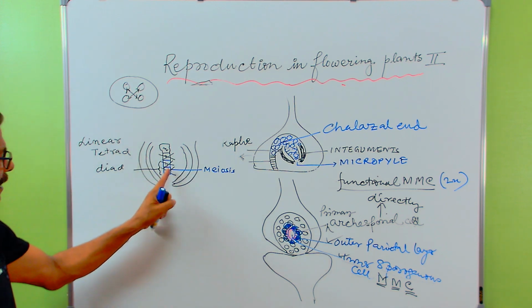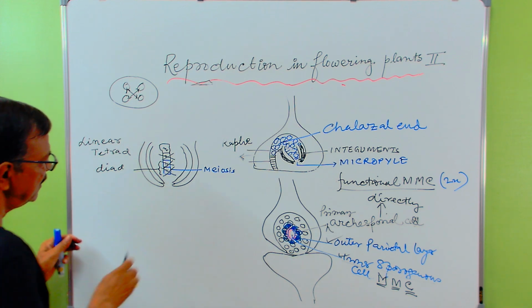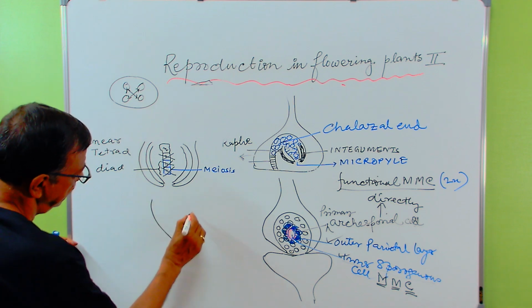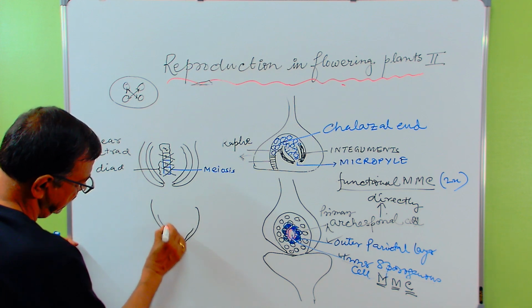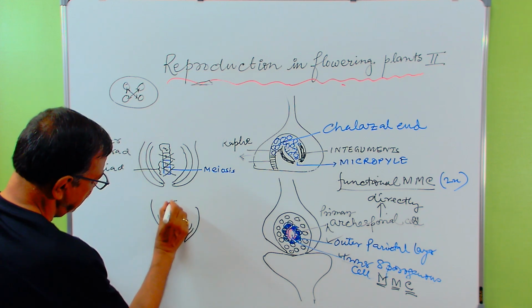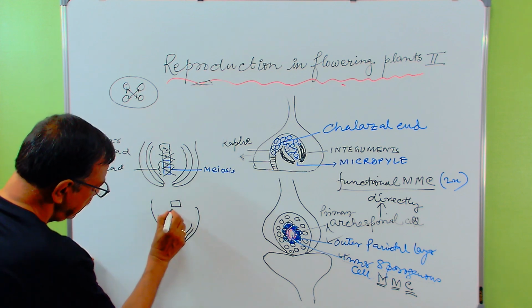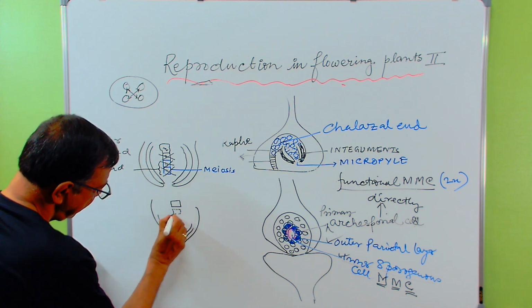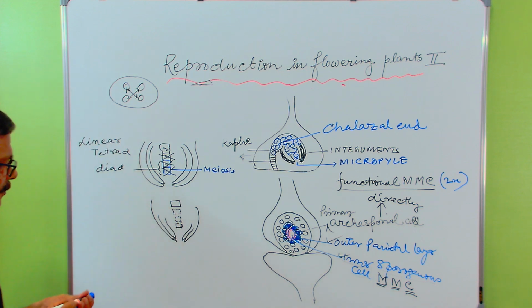Here, these 3 disintegrate. So this is outer, this is inner, and this cell will be a bold one, and these 3 will be disintegrated. So one haploid cell will remain.